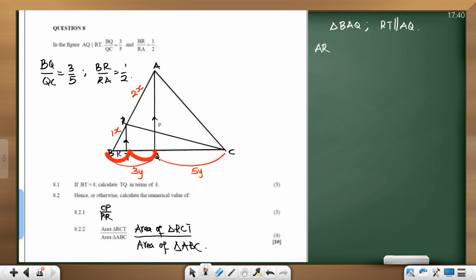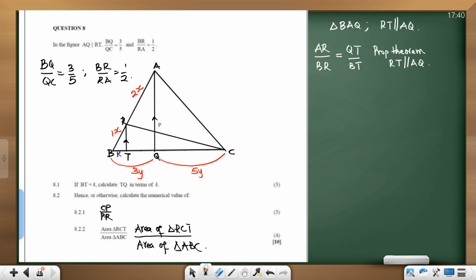It doesn't matter which one you write on top over BR, but you must follow that order. QT over what? BT. And what's your reason? Prop theorem. And you must write the parallel lines. RT parallel to what?